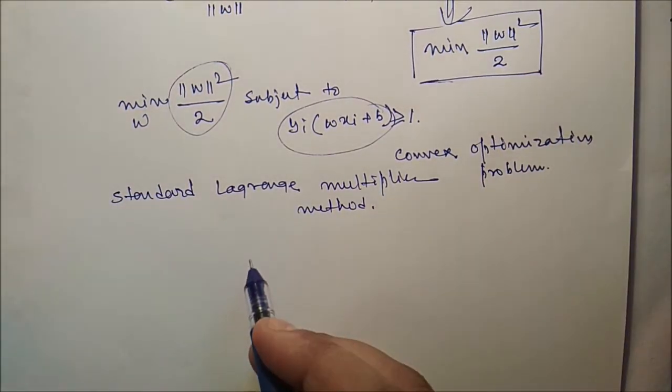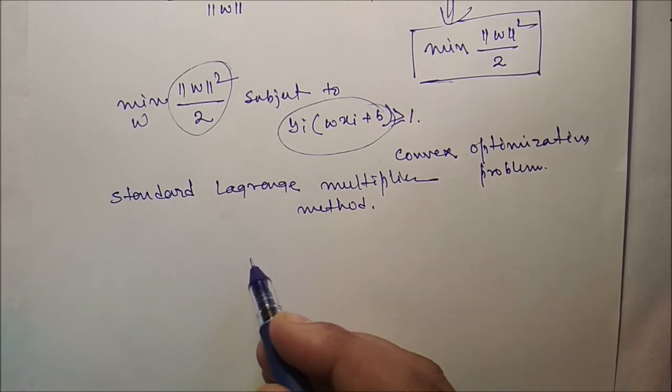Here the objective function is quadratic and the constraints are linear in the parameters w and b, hence it is a convex optimization problem, and it can be solved using the standard Lagrange multiplier method. We rewrite the objective function in a form that takes into account the constraints, and the new objective function is known as the Lagrangian for the optimization problem.